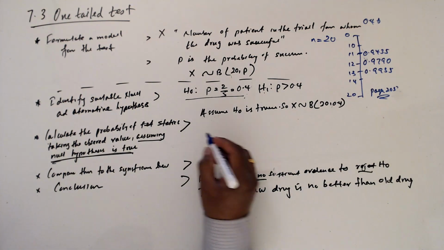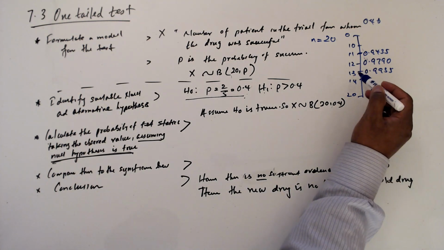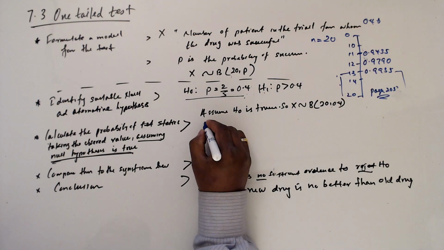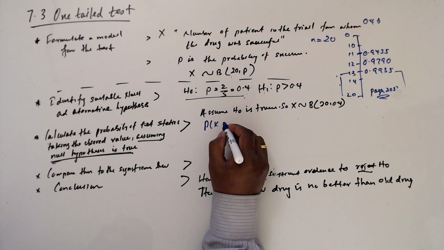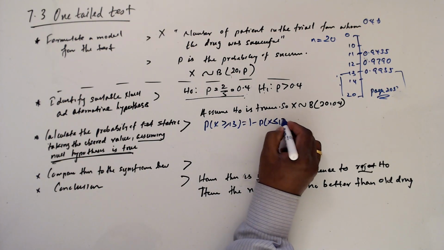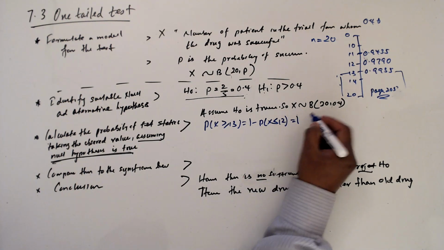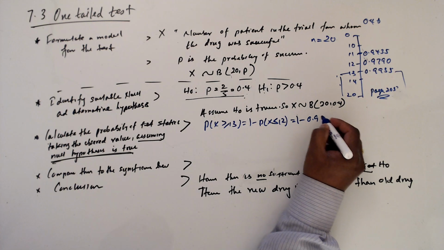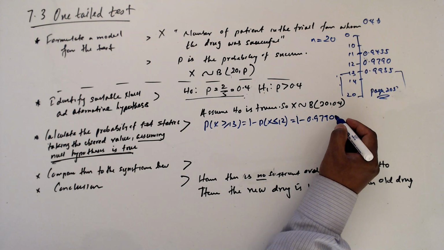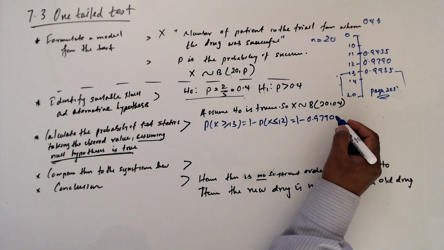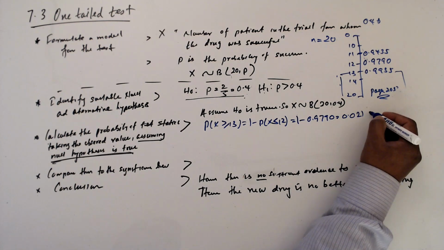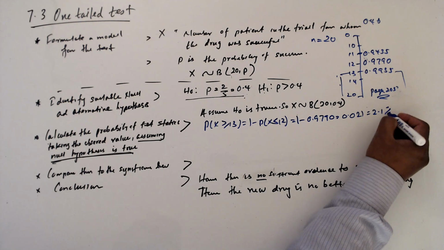So we try with 13 first. The probability of x greater than or equal to 13 means 1 minus the probability of x less than or equal to 12. 1 minus the value for 12 means 1 minus 0.9790. So this value is 0.021, which is 2.1 as a percentage.